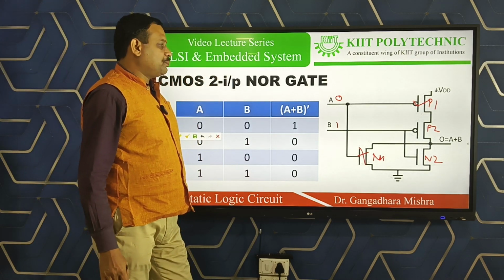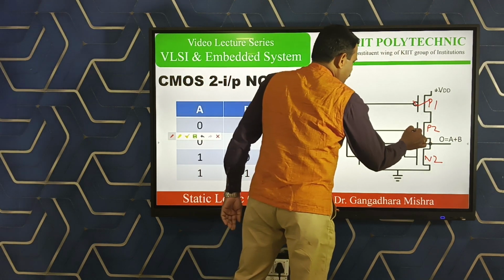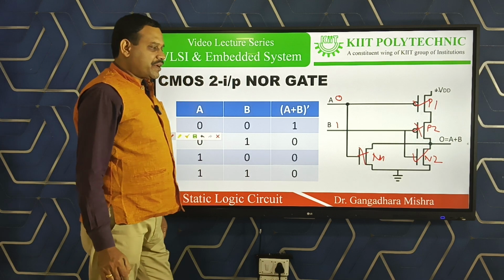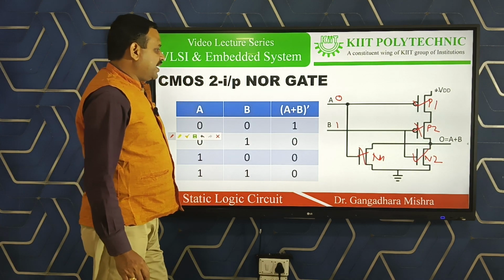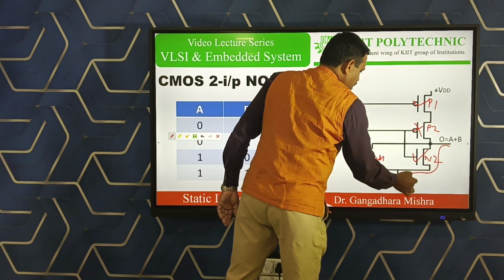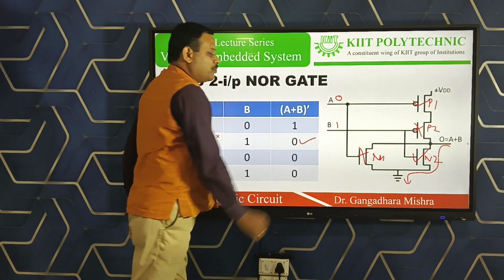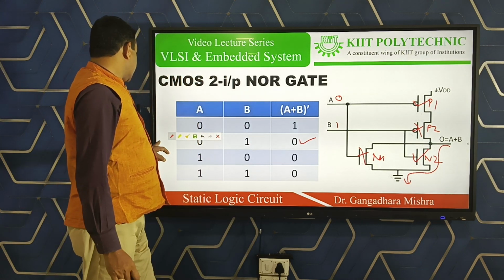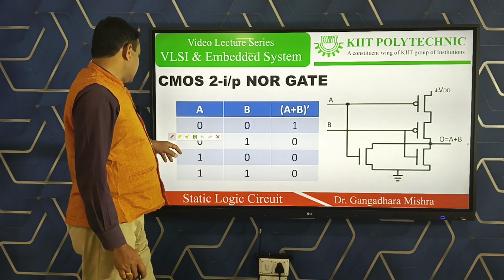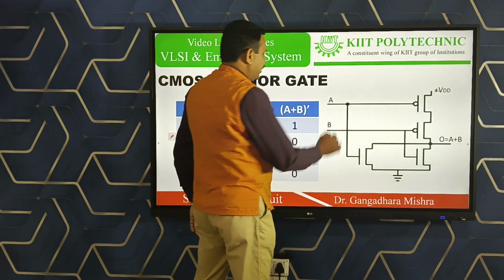B is equal to 1, which is fed to P2 and N2. So as B is 1, P2 will be cutoff, N2 will be in conduction. Under this operating condition, what will we find? We will see that the output will be connected to the ground through N2. As a result, our output will be at logic 0 state.